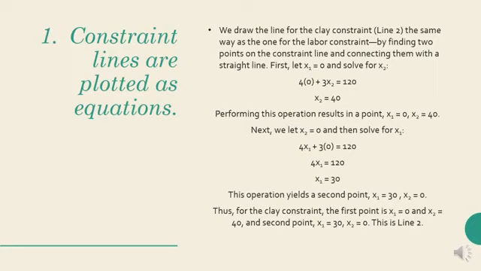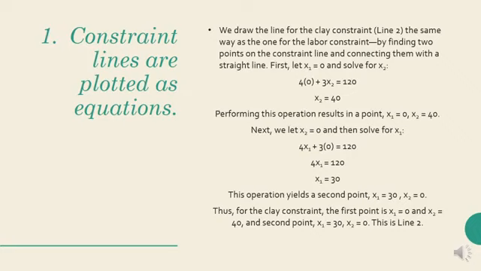So 4 times 0 plus 3x2 is equal to 120. Okay, x2 is equal to 120 divided by 3. So, x2 is equal to 40. Okay, performing this operation results in a point x1 is equal to 0, x2 is equal to 40. Okay, that's the first point sa line 2.